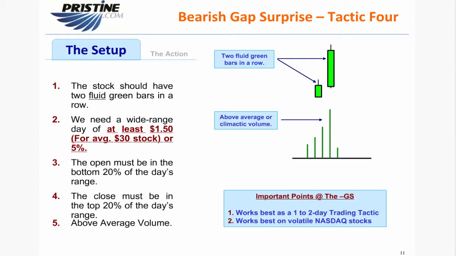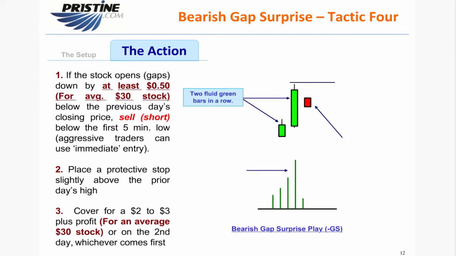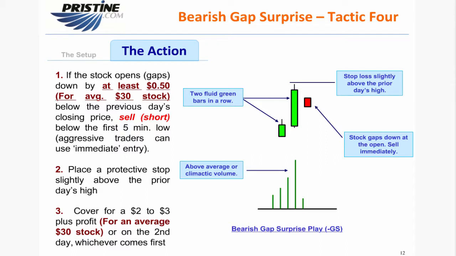So when it gaps down the next day by at least 50 cents, those traders, at least some of them, are now losing. And if this continues to fall, more and more traders will have to cut those losses, which is what begins to create that waterfall move lower that we would be looking for.